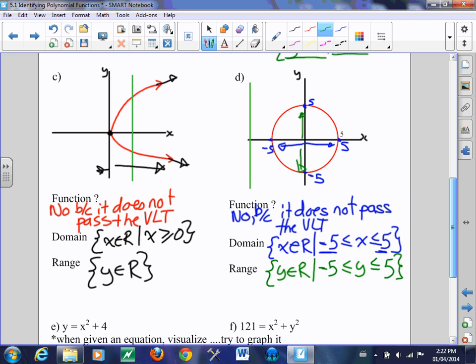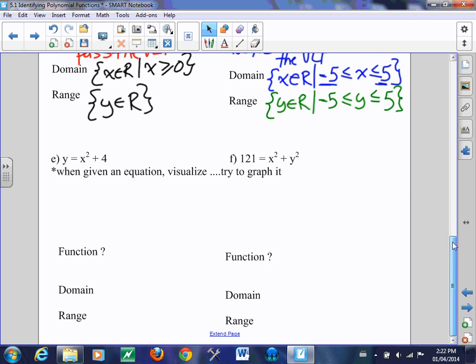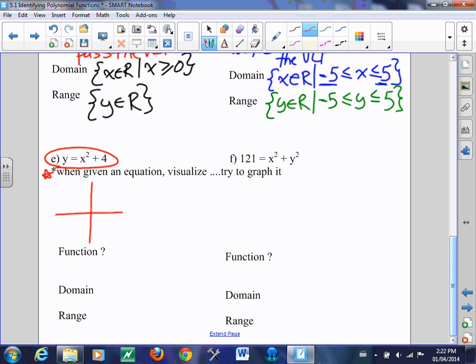All right, now we're going to take a quick moment and take a look at equations. Those are harder to tell, okay? But I want you to use this key to help you with success. When given an equation, visualize, try to graph it. So looking at E, what does this equation tell us, ladies and gentlemen? Well, first of all, you should recognize that it's a quadratic.